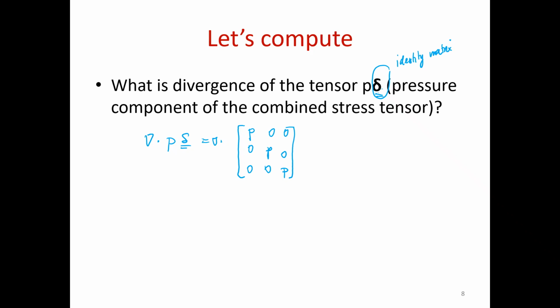Divergence of a tensor, therefore the result is a vector. This is the vector.